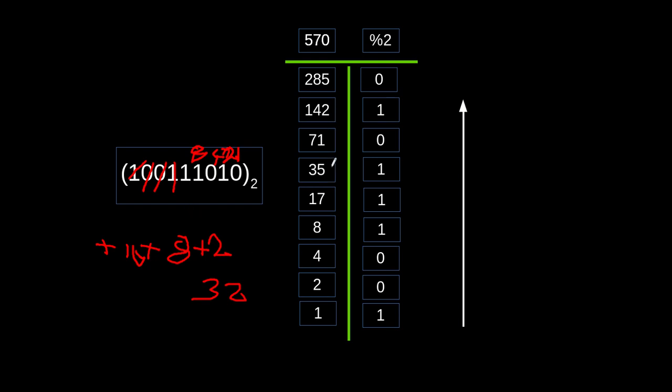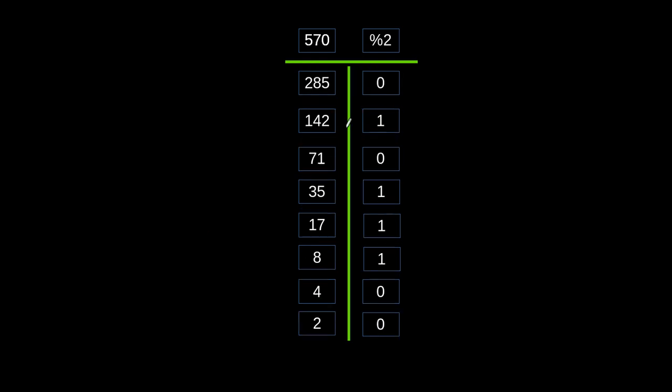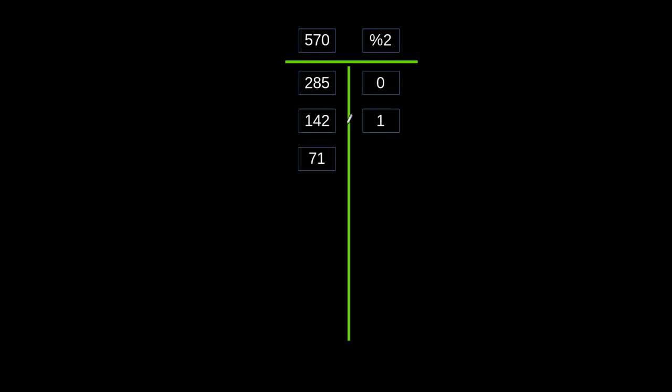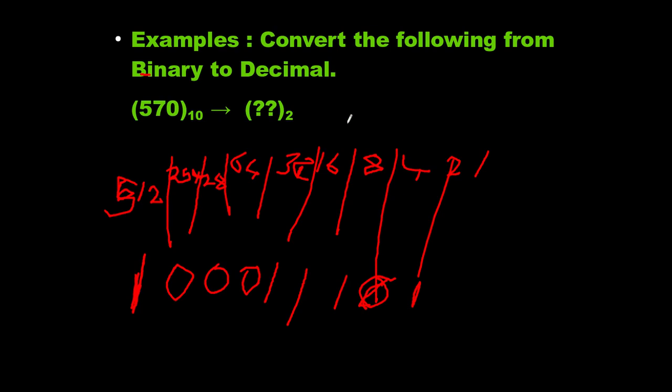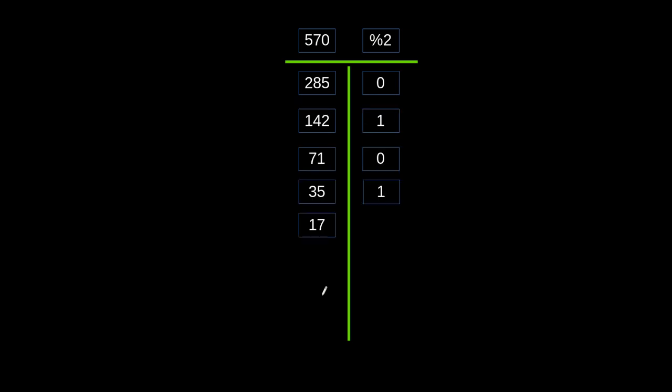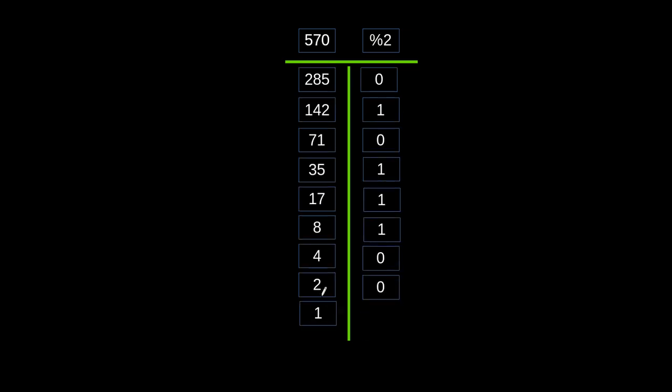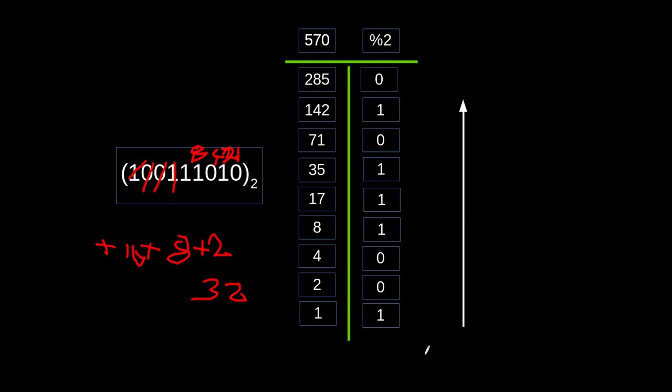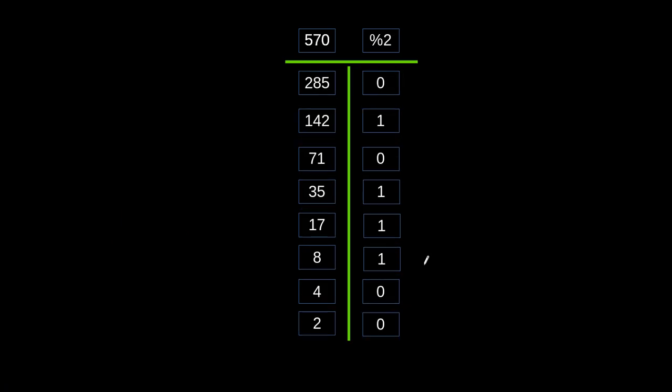So this gave me a wrong answer. Did I use 570 in the previous example? It gave me 1,111.01. And what am I trying to read? It's really important to read bottom up. So did we do an error here?